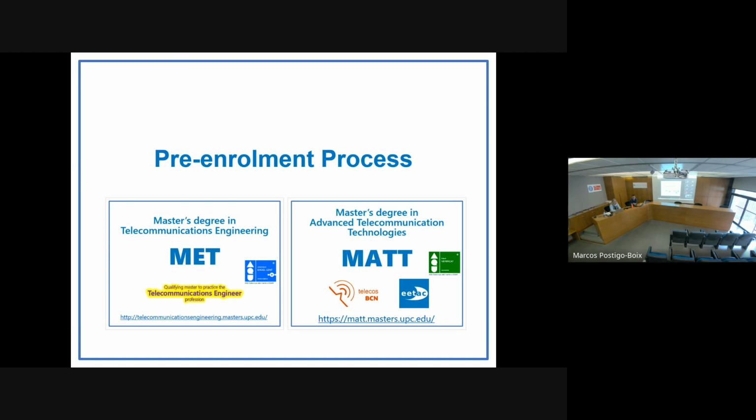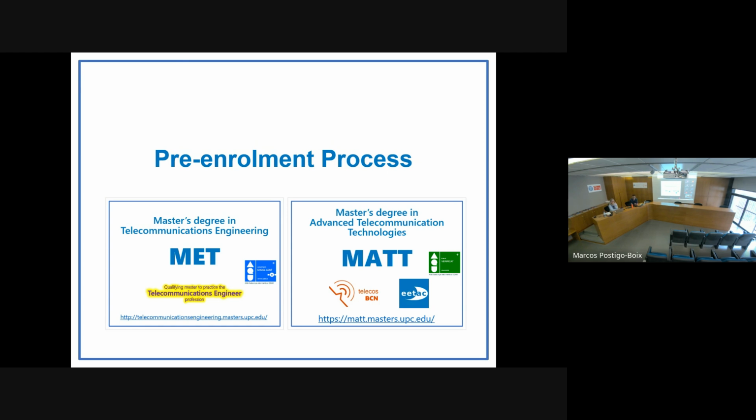The master MATH is one master about telecommunications. If you don't tell what you have done in this master, the person reading your curriculum does not know exactly what you have done. In fact, in the master MATH, you can do many different tracks, so it can be completely different from one student to another. At least you know that you have those competencies about telecommunications engineering, and this master also has the option of doing more specialization in one area.